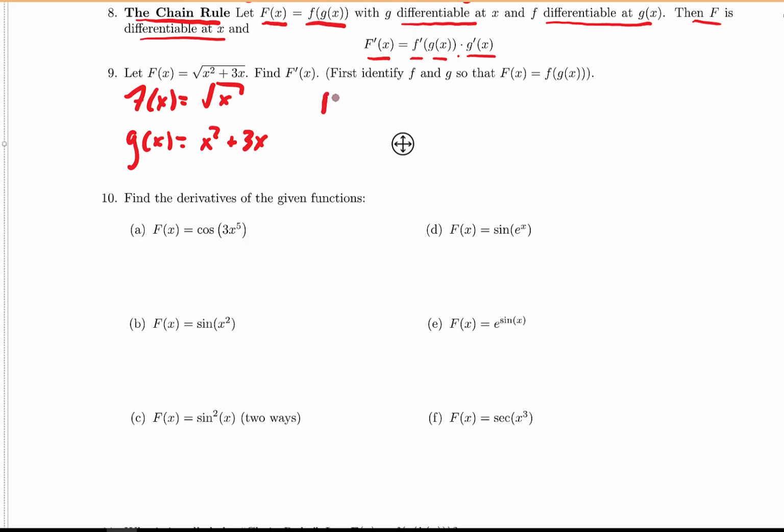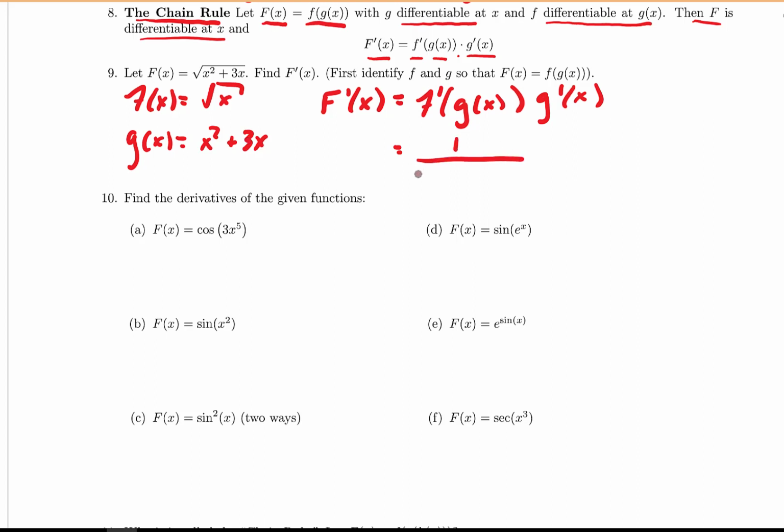So then when we go to find f prime of x, I'm just recopying the rule above. It says take the derivative of the outside function, evaluate it at the inner function. We know that the derivative of the square root function is 1 over 2 times the square root of x.